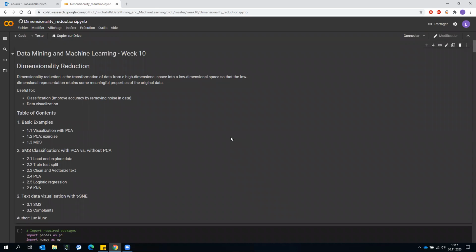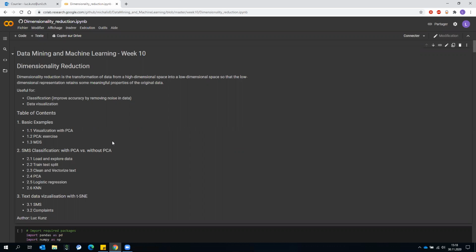Basically, this is the transformation of data from a high dimensional space to a lower one. This is useful for classification, and also for data visualization, because if you have, for instance, 5 features at the beginning and you can reduce it to 2, then you can visualize it in 2D. We will also see this.